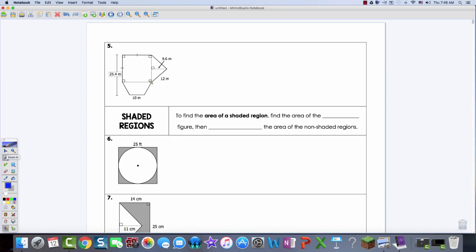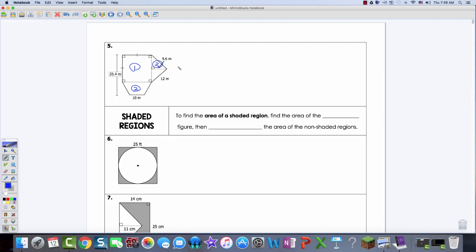Probably go for the easiest one. Square is right here, and then trapezoid is here, and triangle is there. By the way, it doesn't matter which one you start with, but sometimes you start with one shape, then you get stuck. You don't have enough information. Leave it there, like what I did earlier. Do a sidebar calculation, look for the information you need in another area, then come back to it. It's okay to do that.